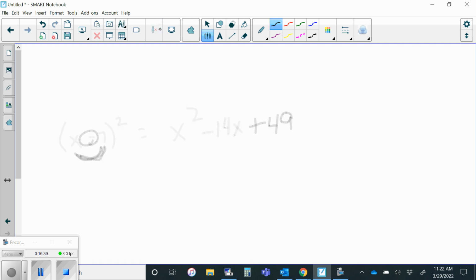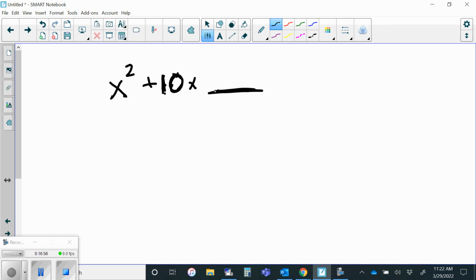All right, I'm going to switch it up now. I'm going to give you first parts. What number would you need back here? How are you getting that? So I want that to be a perfect square.